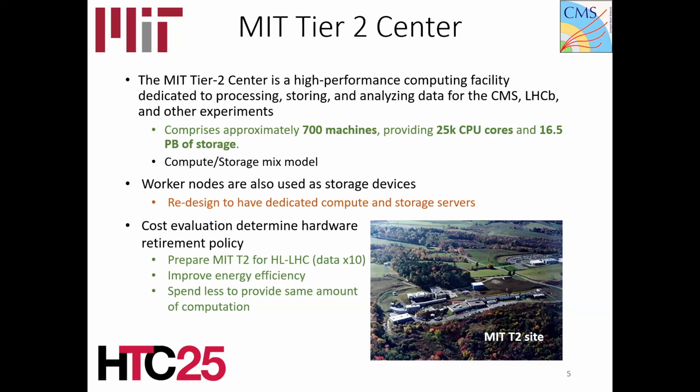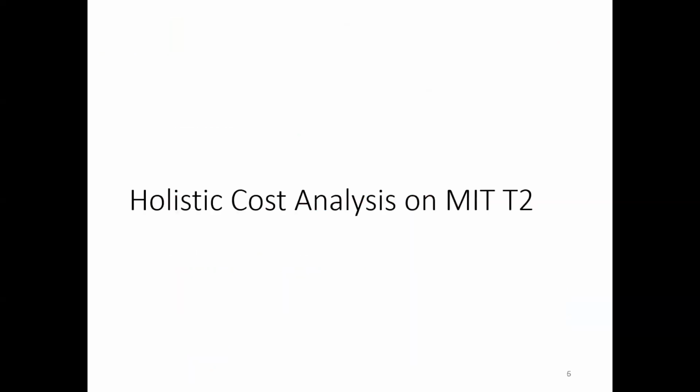And currently, we are doing some redesign to separate them. Thus, we conducted this analysis to give us a guideline on what kind of old hardware we should retire, so that we could prepare for the future High-Luminosity LHC, improve the power efficiency, and minimize the future expense for site operation.